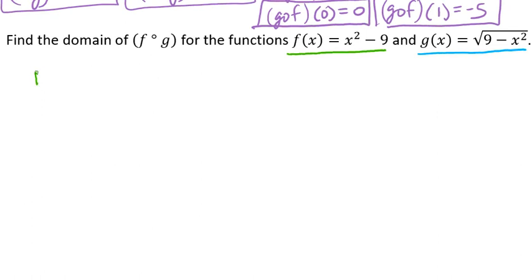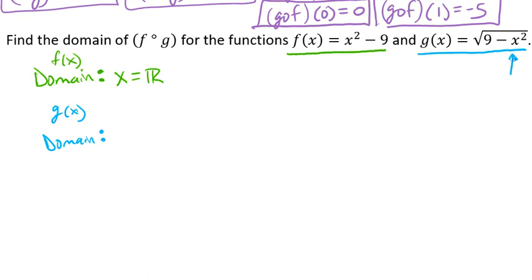So our domain for our f of x, because it's a polynomial, should be that x can be all real numbers. And for our g of x, well, we know that because that's a square root, the inside of that square root must be 0 or larger. So we need to know what number will make the inside turn into 0.